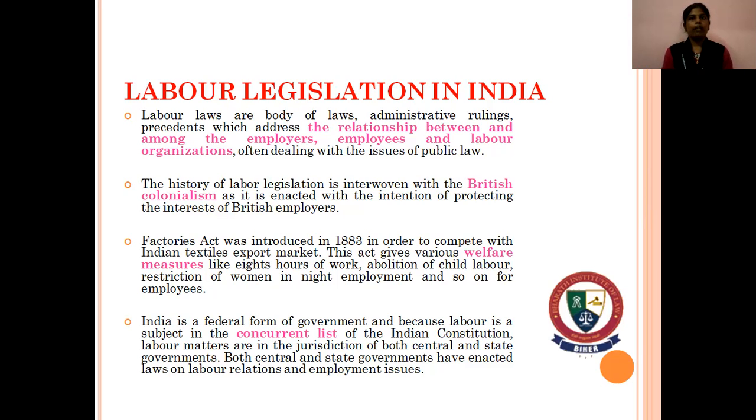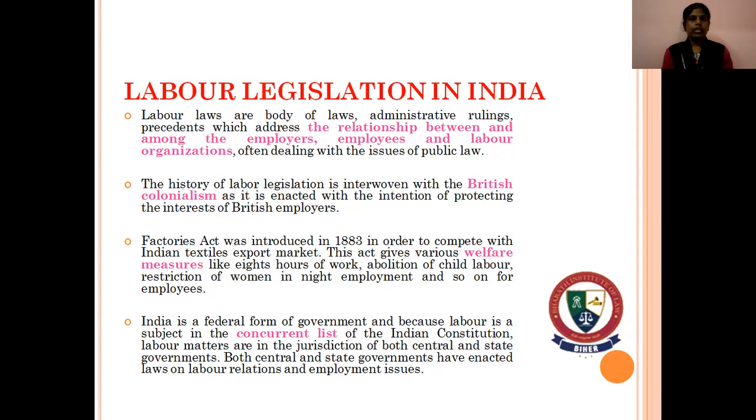And they also gave certain extra welfare measures for the women and children who were working in the factory. Women were given certain relaxation in their workplace, like maternity relief and so on. So these are the main welfare measures that were brought during the period of British colonialism.